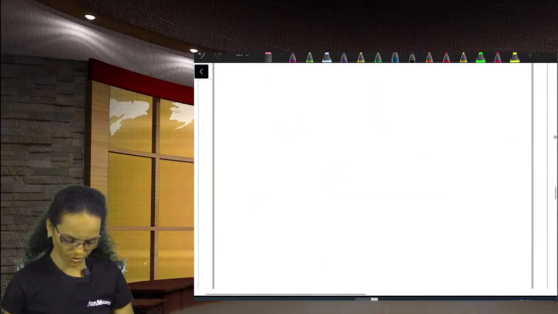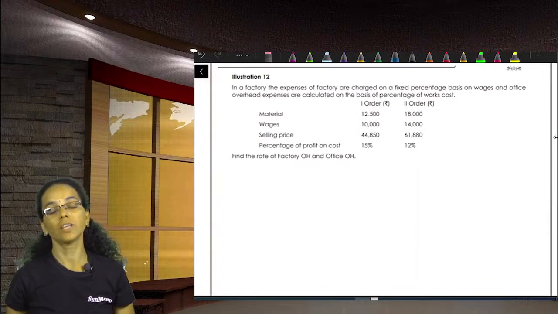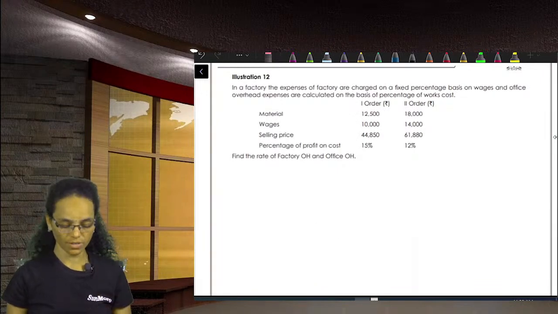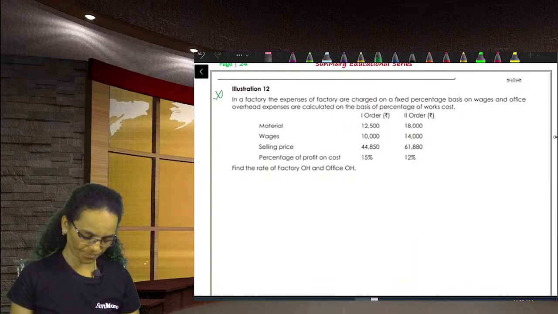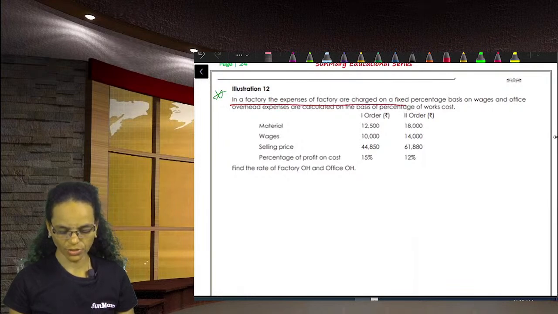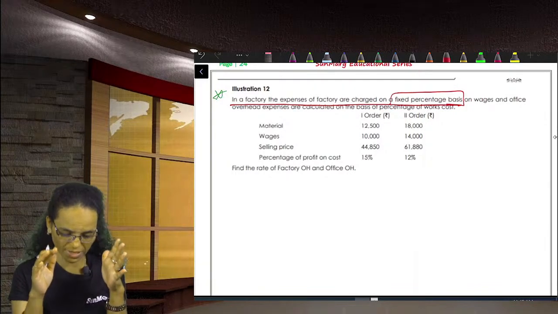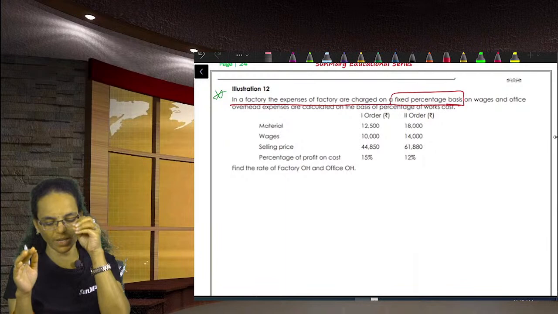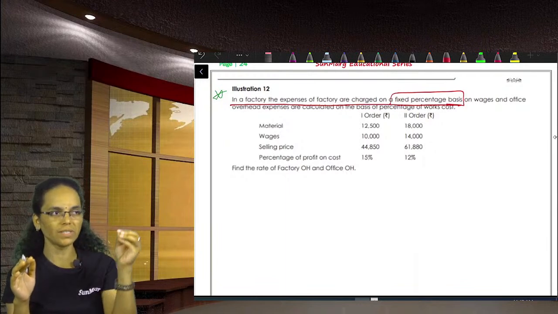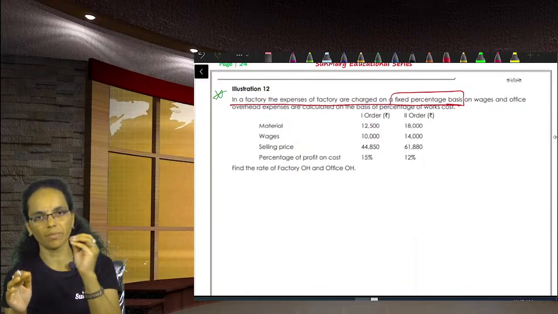Okay, we go to the next problem. This problem is also important. In a factory, the expenses of the factory are charged on a fixed percentage basis, meaning they keep some percentage, maybe on the wages, maybe on the material, maybe on the prime cost.